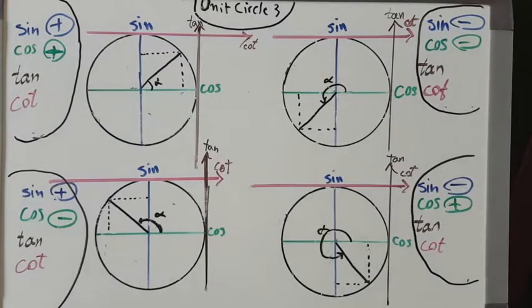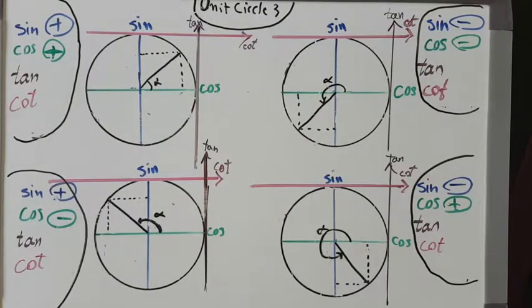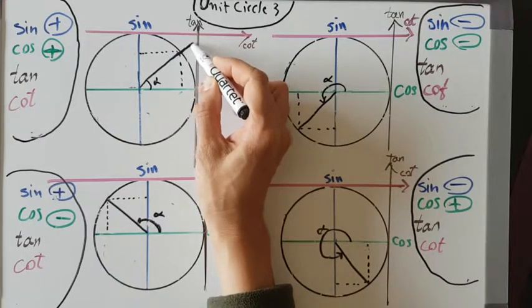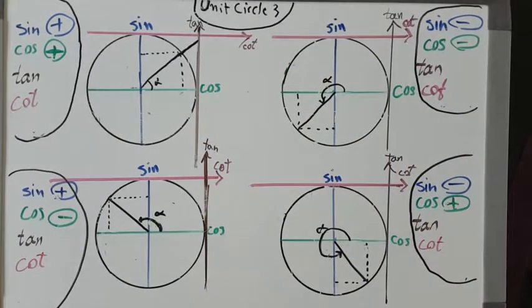Okay, now let's talk a little bit more about tangents and see what happens in different quarters to tangent and cotangent. As you know, you have to continue this angle, and where it meets the tan axis, that would be the tan of it.